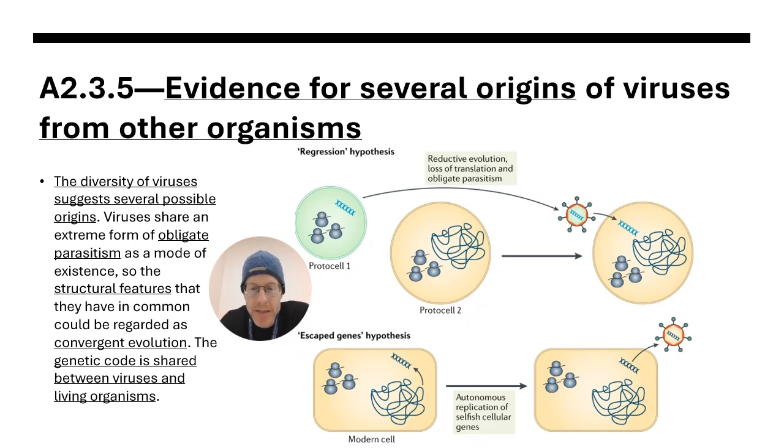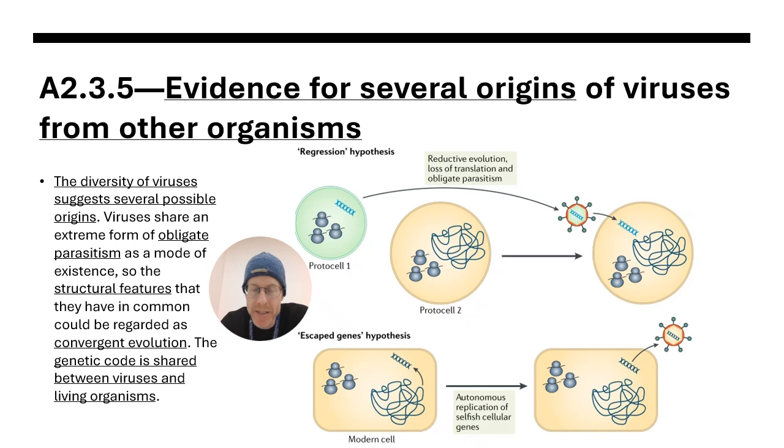The other idea is that maybe viruses evolved in a progressive way. So maybe there were bits of genetic material in a cell that gained function. They gained the ability to infect other cells and use those cells as a host. There are these little bits of DNA that exist in cells today, like in bacteria. Sometimes there are these separate little bits of DNA, separate from the main genome, called plasmids.